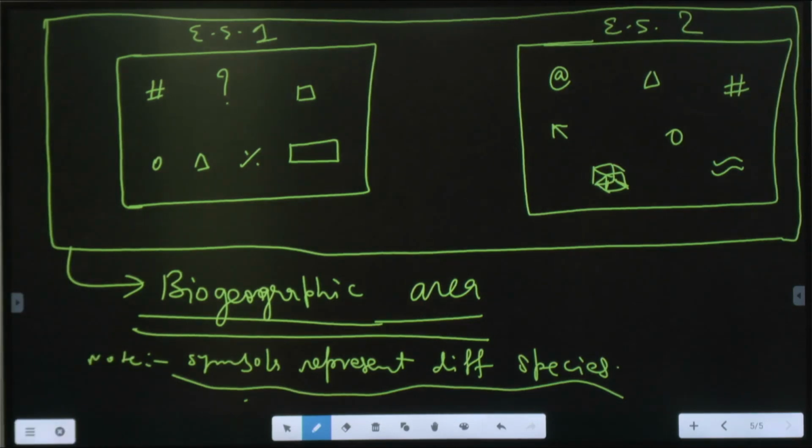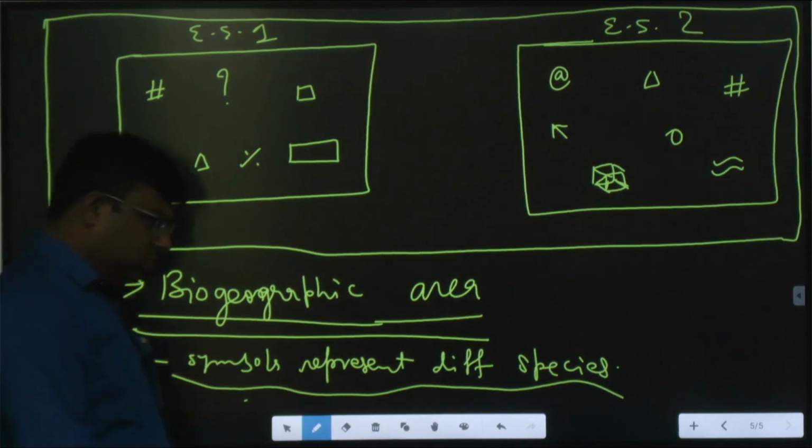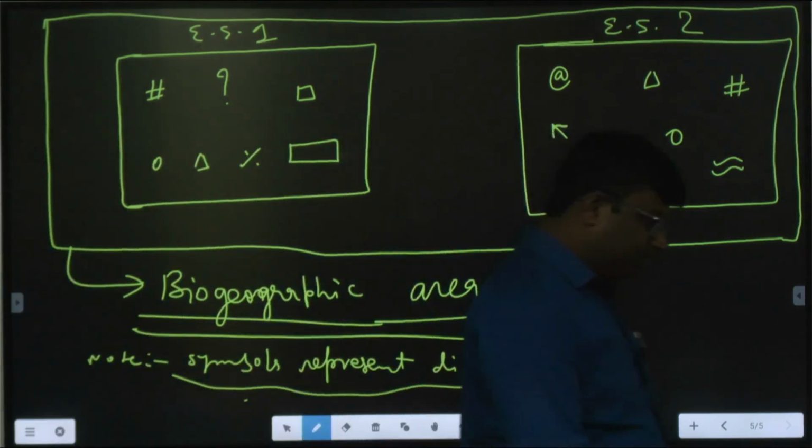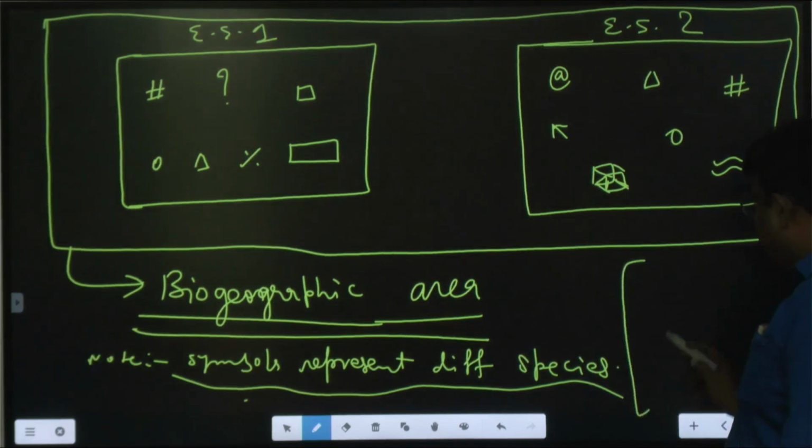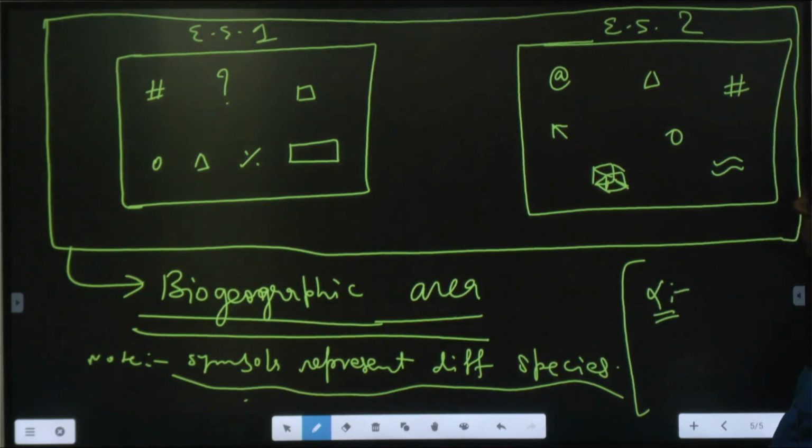Now if we have to talk about alpha diversity, what is alpha diversity? A species structure of an ecosystem. It means that in the name of alpha diversity we just need to count the number of species found in a given ecosystem.